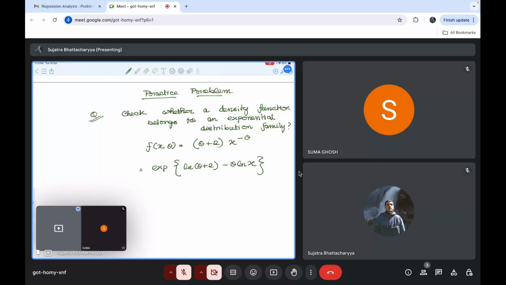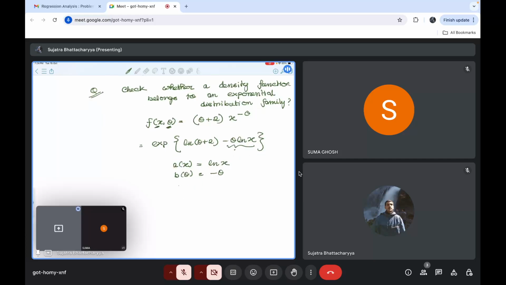The next step is to look for where you have the product of a function of the random variable x and a function of the parameter of interest theta. The only term which consists of this product is this. Therefore, from here we can write a of x, since the random variable is x, as nothing but log of x. b of theta is nothing but minus theta.